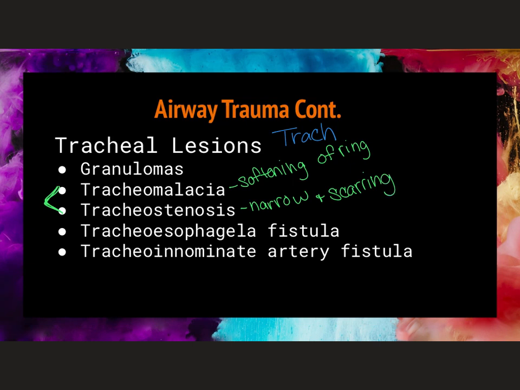It is possible to have a tracheoesophageal fistula. What are some symptoms you might see with tracheoesophageal fistula? You might see abdominal distension. If your patient's on the vent and we're giving them lots of pressure, that air is going to go through that fistula from the trachea into the esophagus and cause air in the belly.